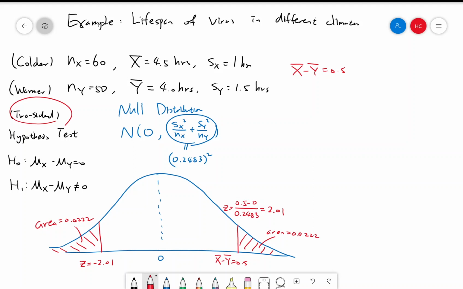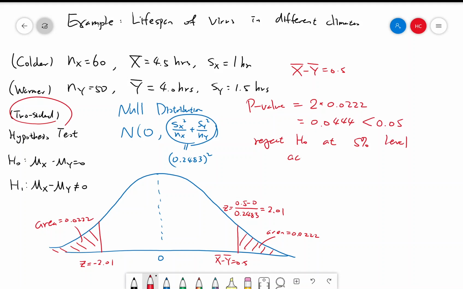So the p-value is equal to twice 0.0222, which is equal to 0.0444, which is less than 0.05. So because the p-value is less than 0.05, we can reject H0 at 5% level, and we can accept H1.